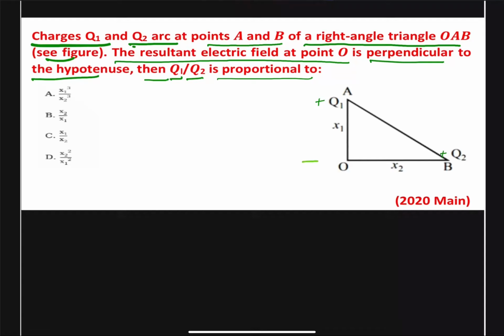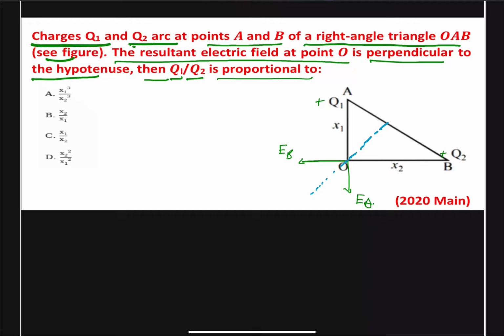So suppose this is our EB and we are going to have our EA, and the resultant electric field obviously will be in this direction, but it is mentioned here that it is perpendicular to the hypotenuse, so this will be 90 degrees.